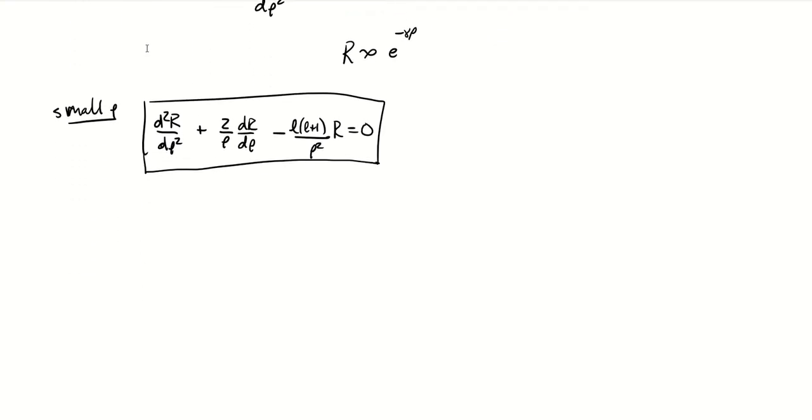And at small rho, that's the differential equation we're looking to solve. Just by inspection, if we have R equal to rho to some integer q, this can solve that equation. The first derivative with respect to rho of an R that goes like that is just q times rho to the q minus 1, and the second derivative would then be q times q minus 1 times rho to the q minus 2.